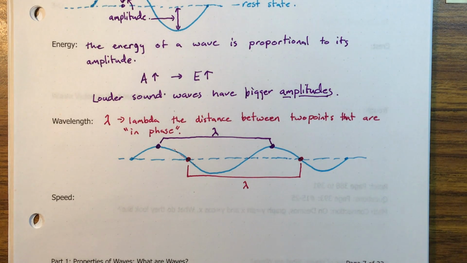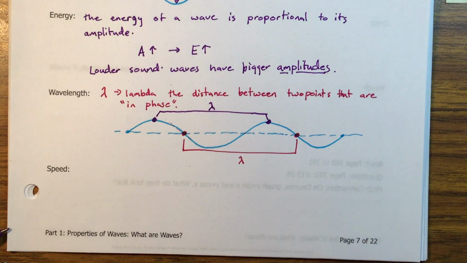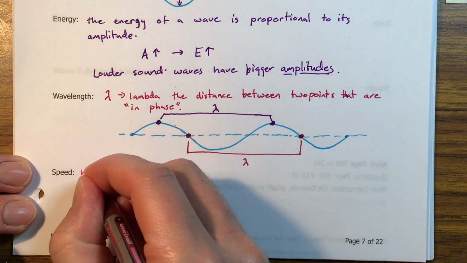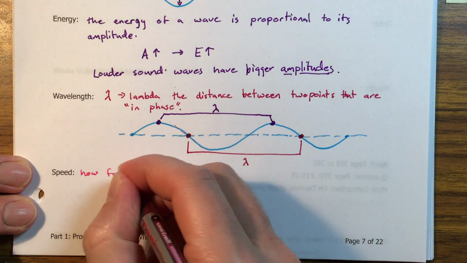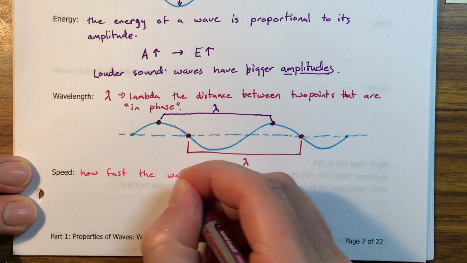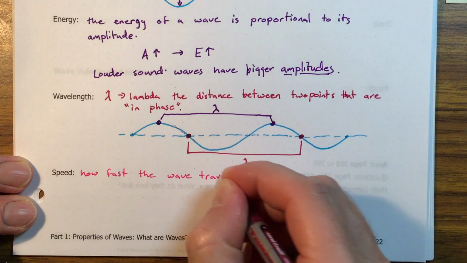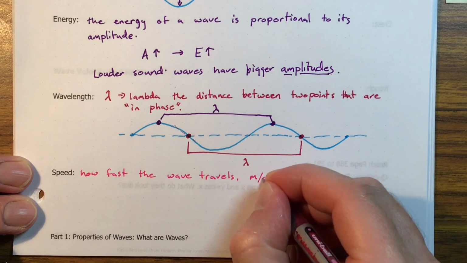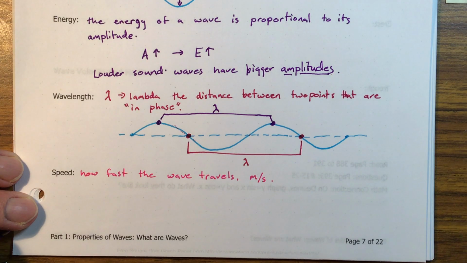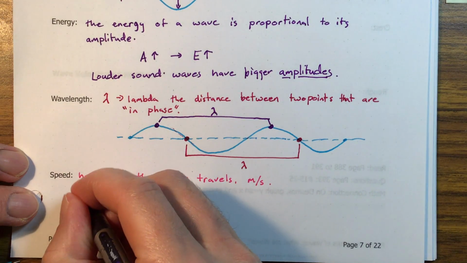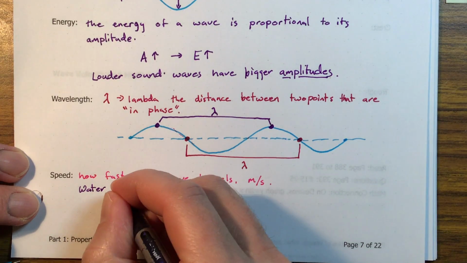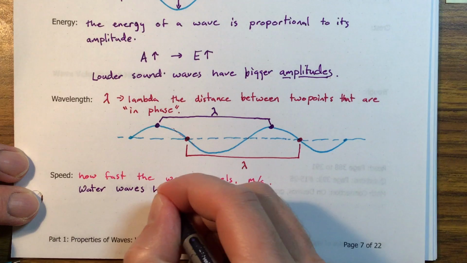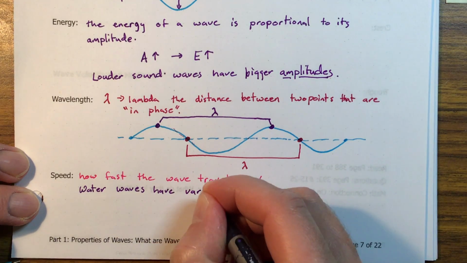All right, now, the speed of a wave is simply how fast the wave travels. We usually measure this in meters per second, but it could be in kilometers per hour. Water waves have variable speeds.